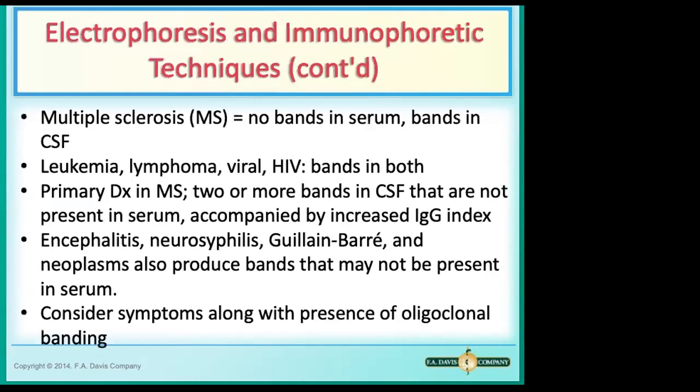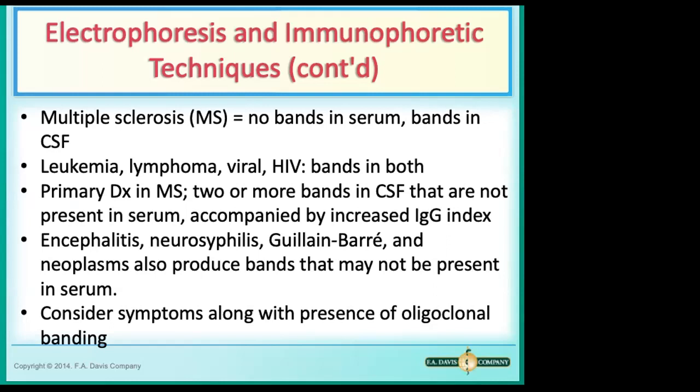So basically the presence of two or more oligoclonal bands in the CSF that are not present in the serum can be a valuable tool in diagnosing multiple sclerosis. So with multiple sclerosis, you see no bands in the serum, but you do see bands in the CSF. Do you see how it's helpful in determining certain conditions? Because what you don't see in one place, you may see in the other one. So that gives you an indication of something that could be going on.